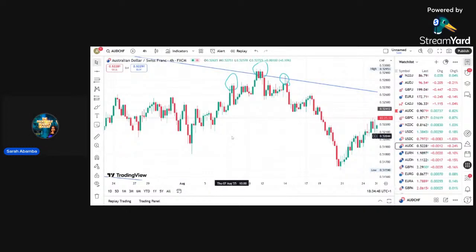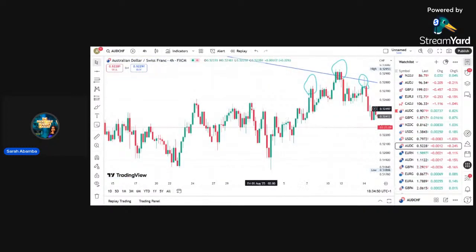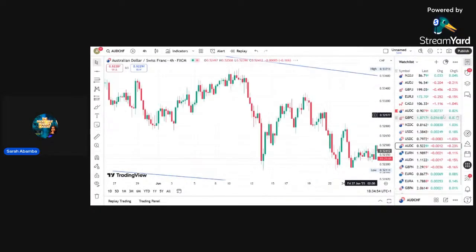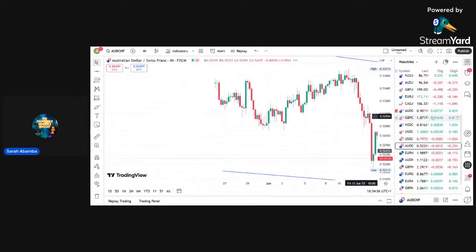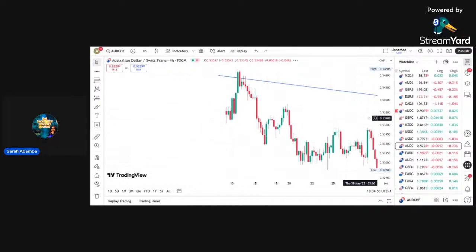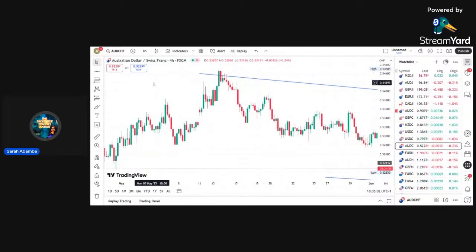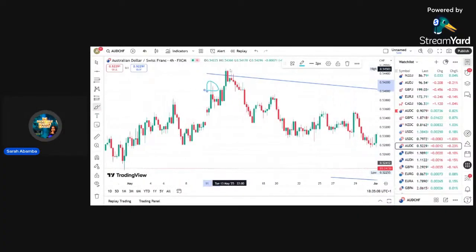Let me check if I'll see another example of the head and shoulders pattern. Let's go to another page to look for it. Okay, this one here, yeah, it is. So we have the first shoulder, we have the head.